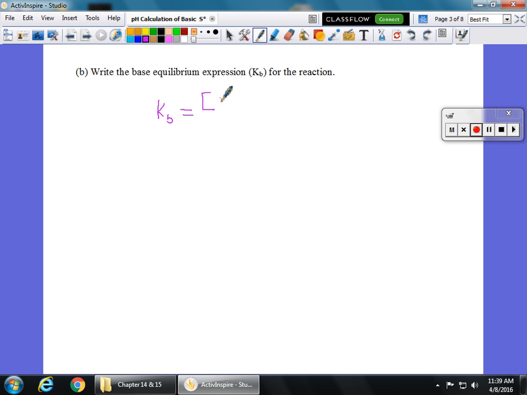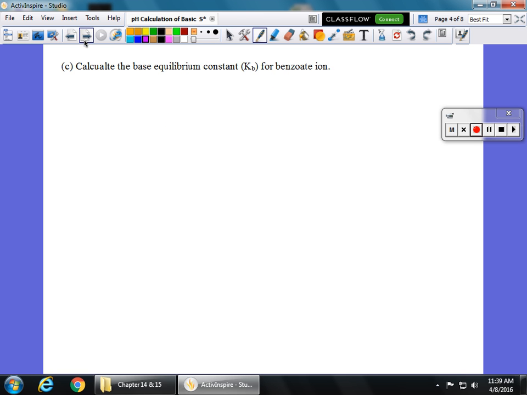So that's going to be our acid, C6H5COOH, times the hydroxide ion concentration, over that conjugate base, C6H5COO minus. I'd say again, that's like a 1-point type problem, just writing it correctly.